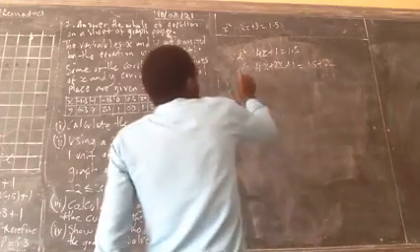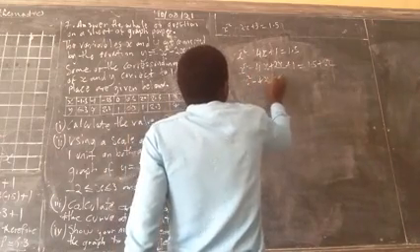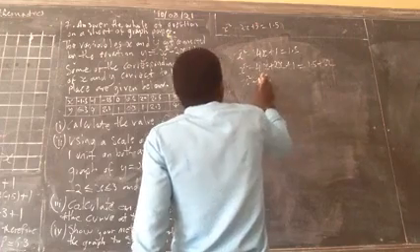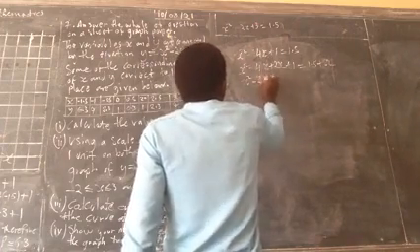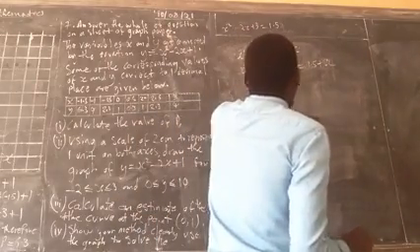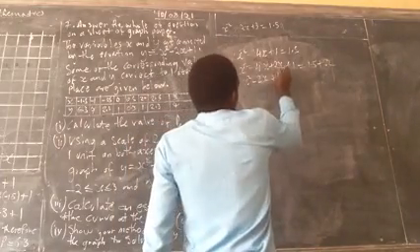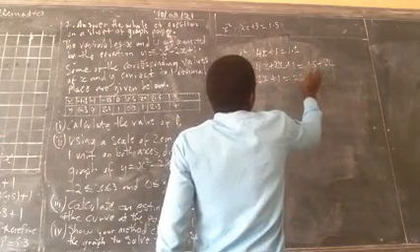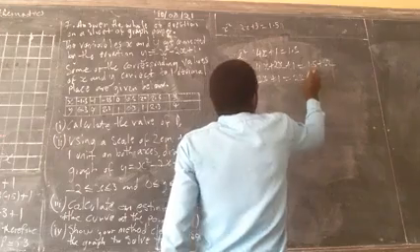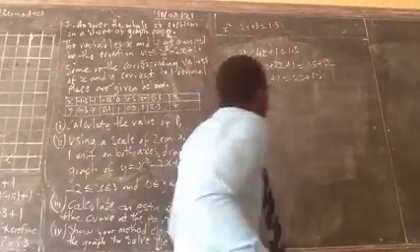So this is going to be x squared minus 4x plus 2x, which is minus 2x, plus 1 equals 2x plus 1.5.